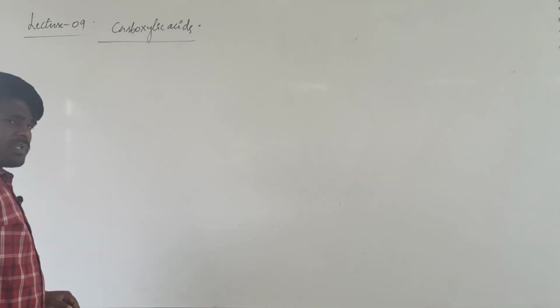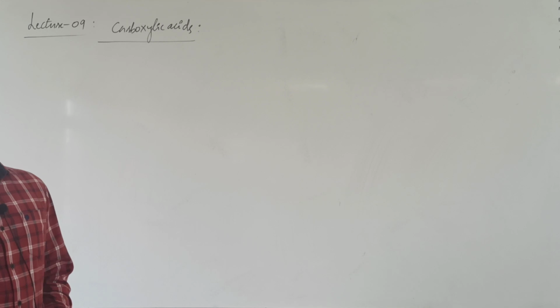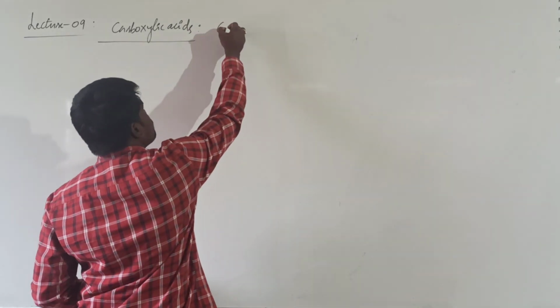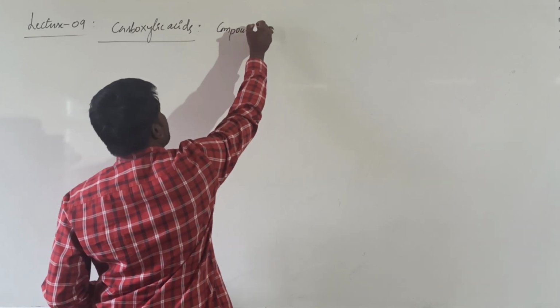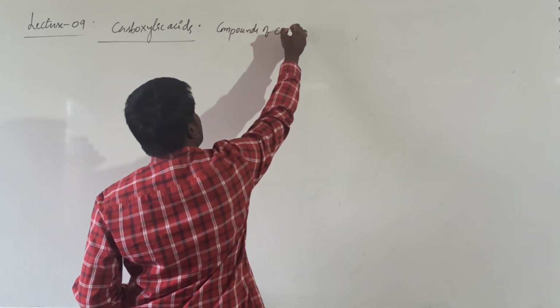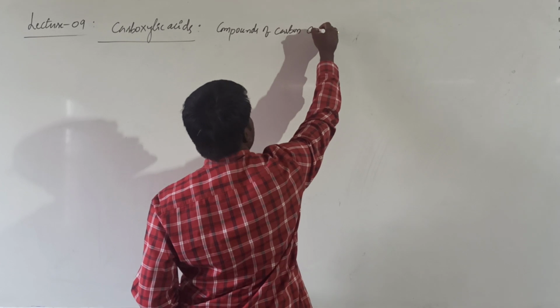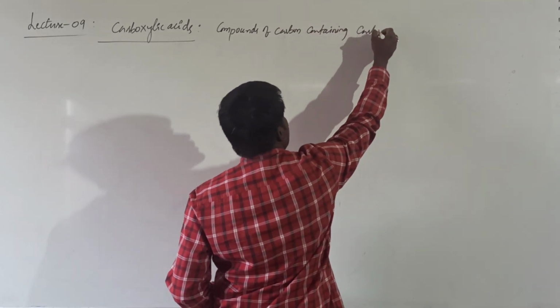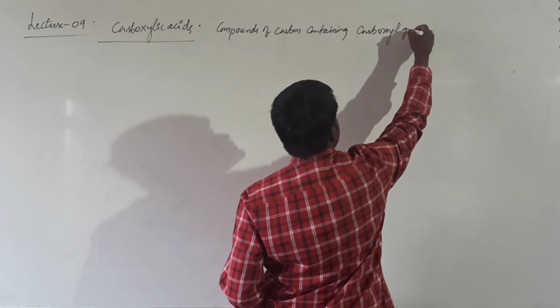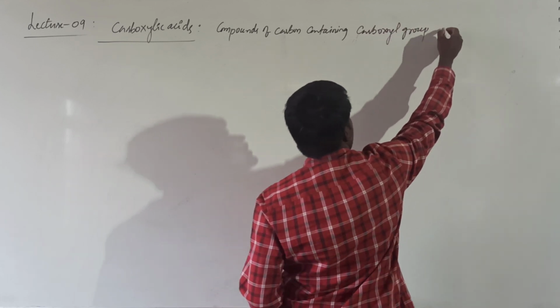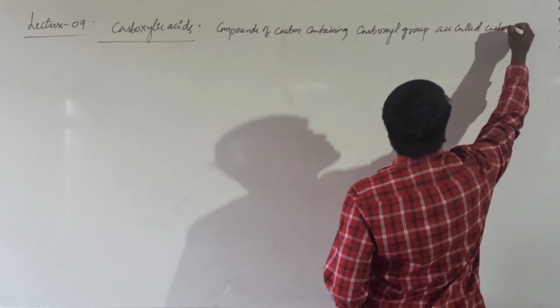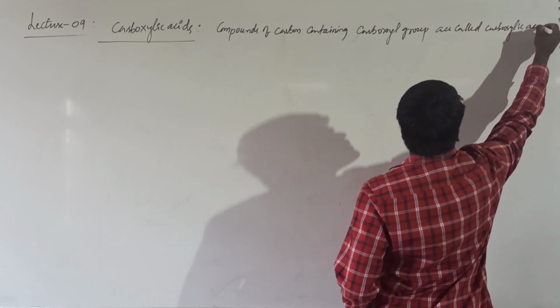Now let us see what is meant by carboxylic acids. Compounds of carbon containing carboxyl group are called carboxylic acids.